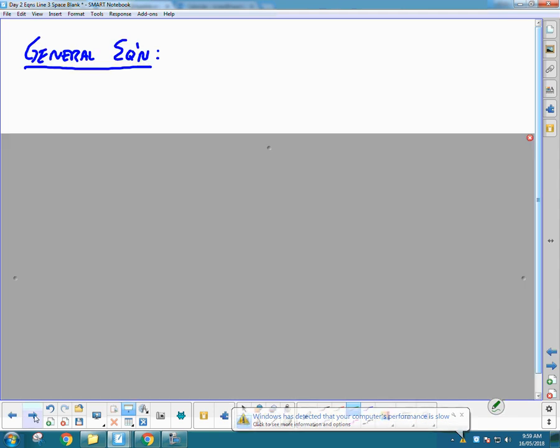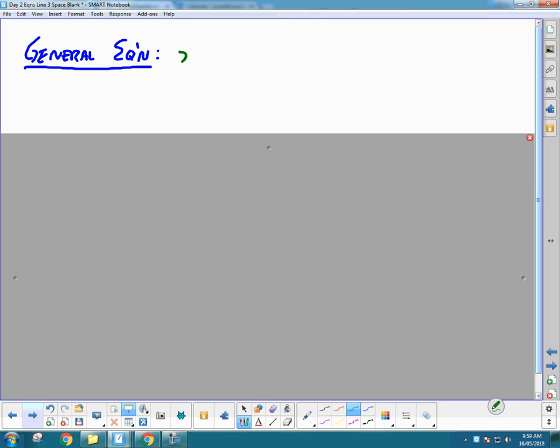Now in 3 space, you'll notice that we have similar types of equations of lines. So the ones that we had yesterday can be expanded to look in 3 dimensions, or 3 space. So if you wanted, you could go back and look at the general, the vector, symmetric, and all the different types and see how they're similar as we go through this, but that's up to you. The general equation then looks exactly like yesterday's general equation, but introduces the z.